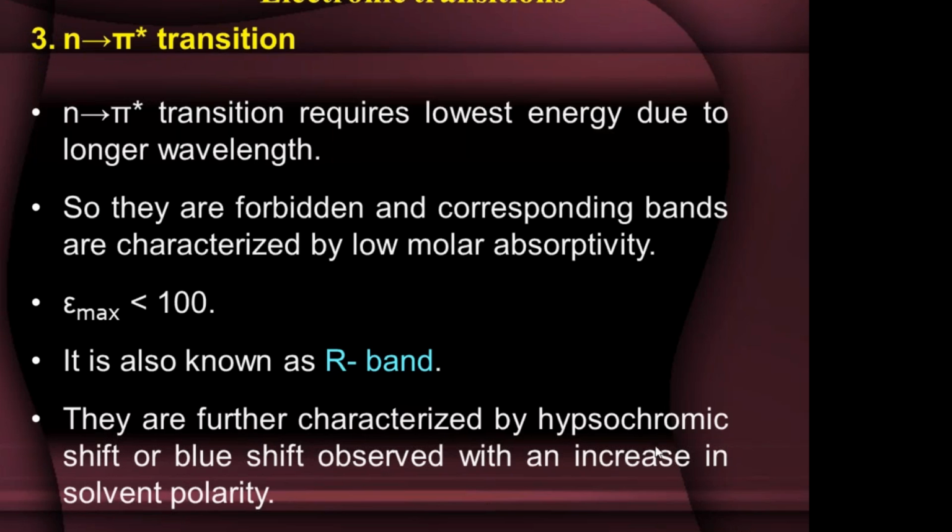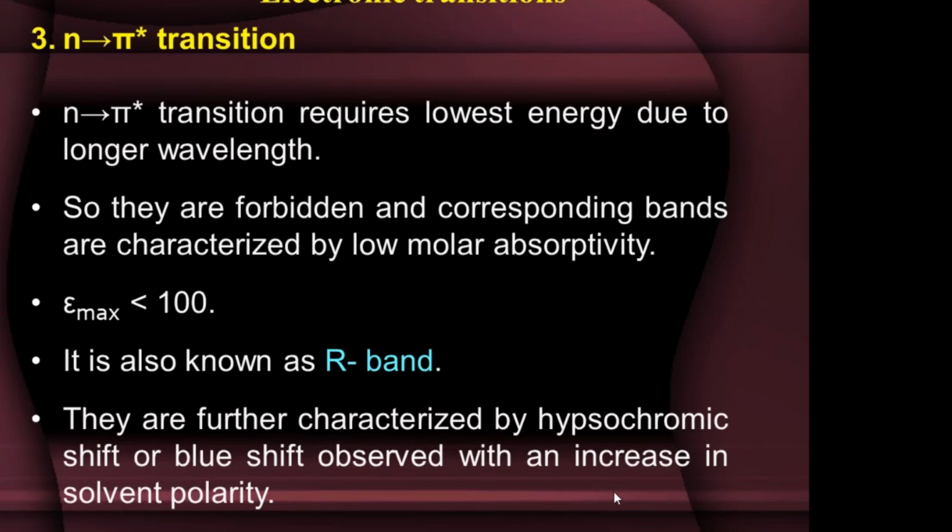They are further characterized by hypsochromic shift or blue shift observed with an increase in solvent polarity. Now, if you have a band due to n to pi star transition, the shifts in that band due to changes in solvent polarity would be opposite to the shifts observed for pi to pi star transition.